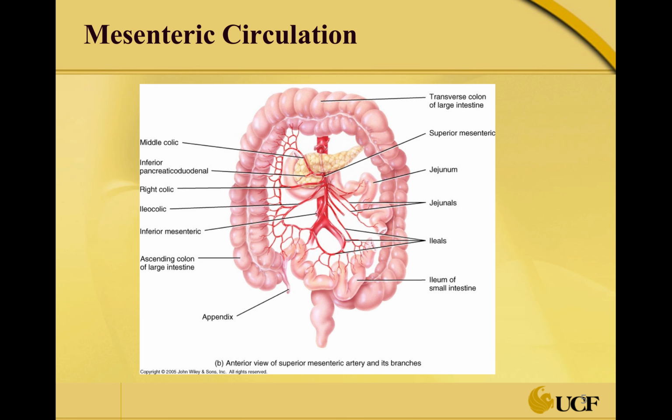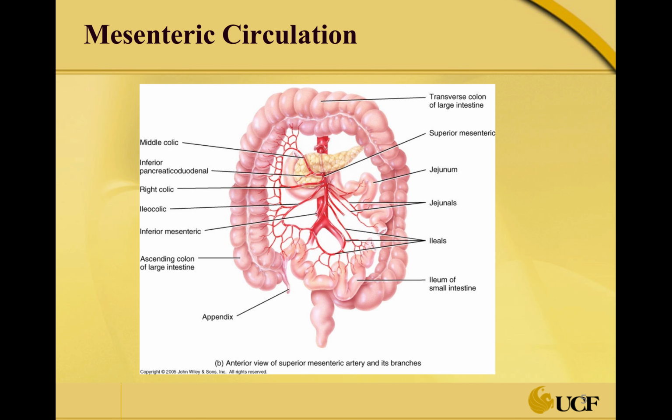This slide shows an anterior view of the superior mesenteric artery and its branches, and we can see the mid-colic artery, the inferior pancreaticoduodenal artery, the right colic, the ileocolic, and the inferior mesenteric artery.